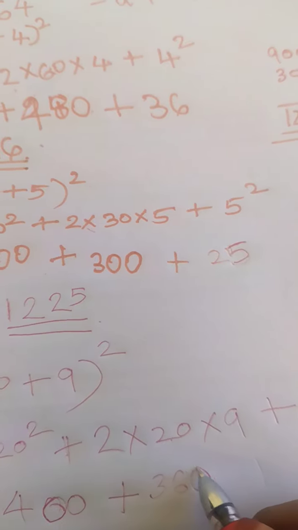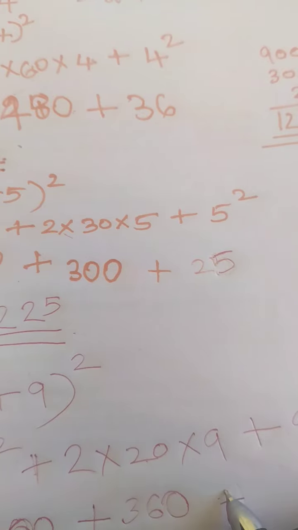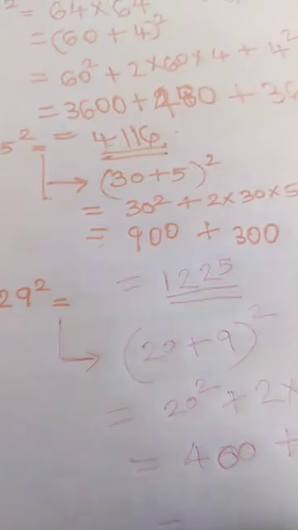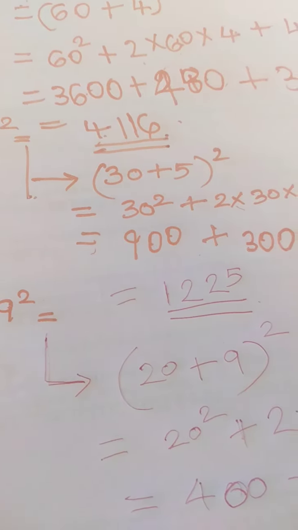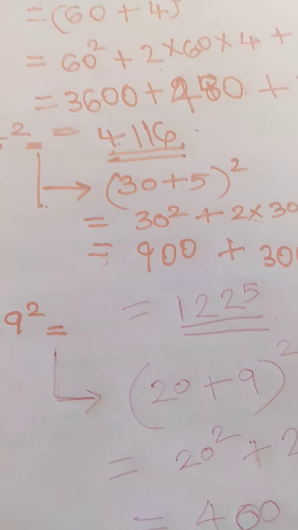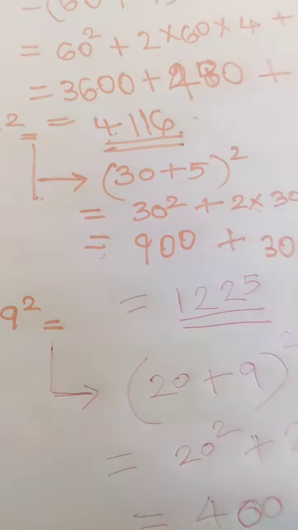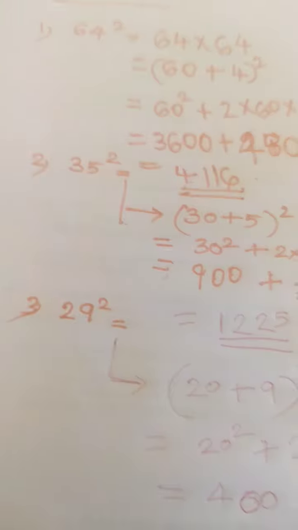We add 0 in right side. We plus 9 square 81. We get the answer 841. This is the answer.